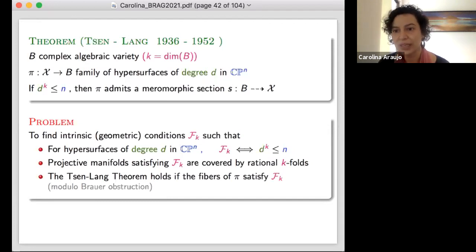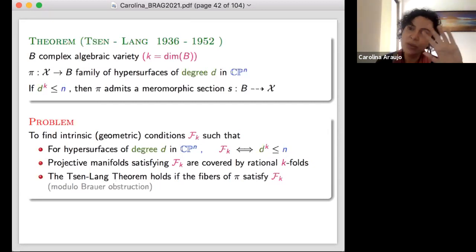I do not want to say much about this in this talk, but I just want to say that in general, if you're looking at families over higher dimensional bases, then in addition to a condition on the fiber, you can associate to such a fibration a Brauer obstruction. This obstruction always vanishes if the base is a curve, but as soon as the base is a surface, you may have a non-vanishing Brauer obstruction, and that may be an obstruction to having a section.